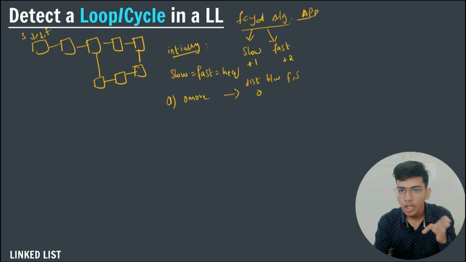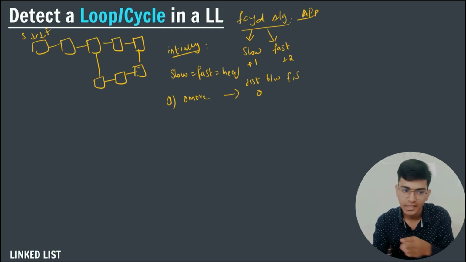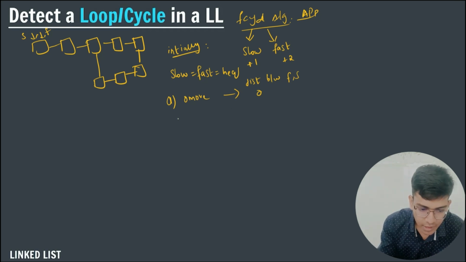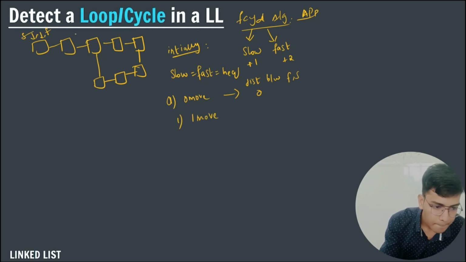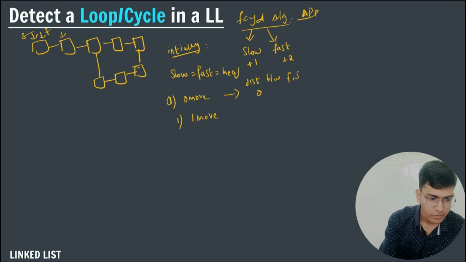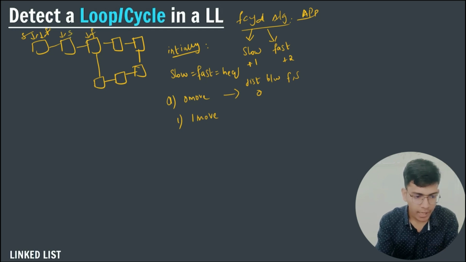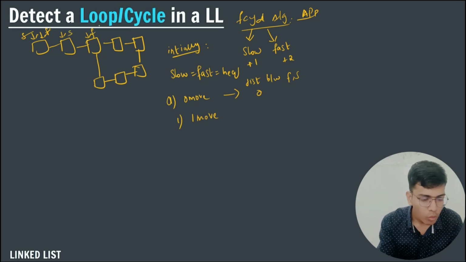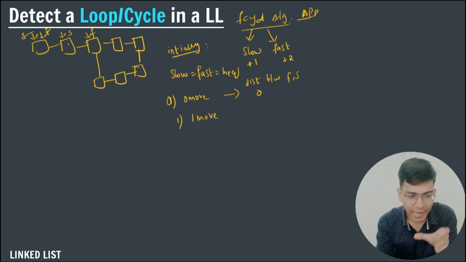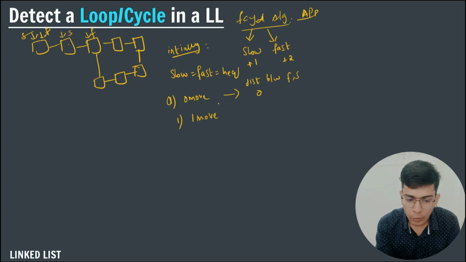At the first move, slow will come here, and the fast will come here. Slow moves 1 step and fast moves 2 steps. You can see that the distance between fast and slow is 1.